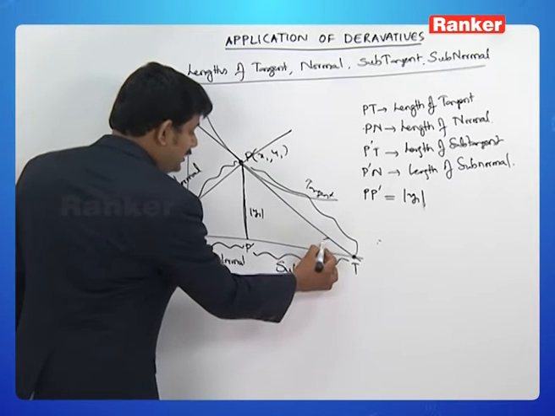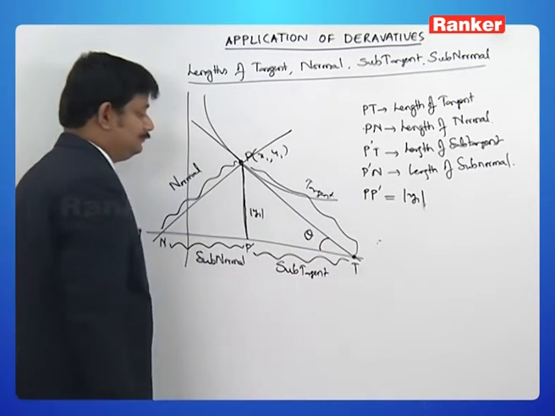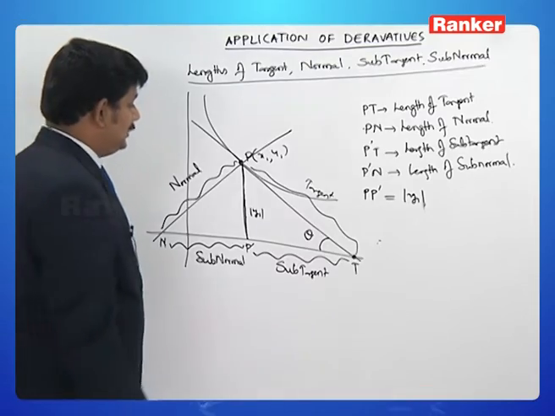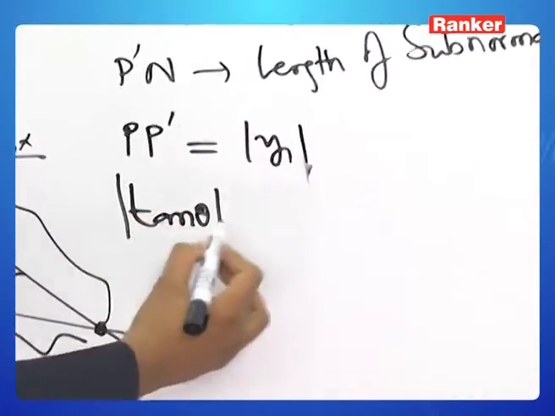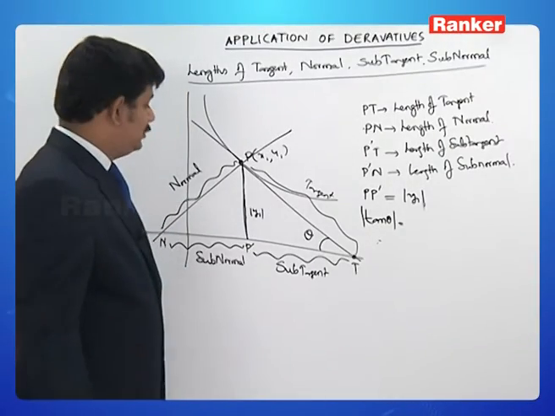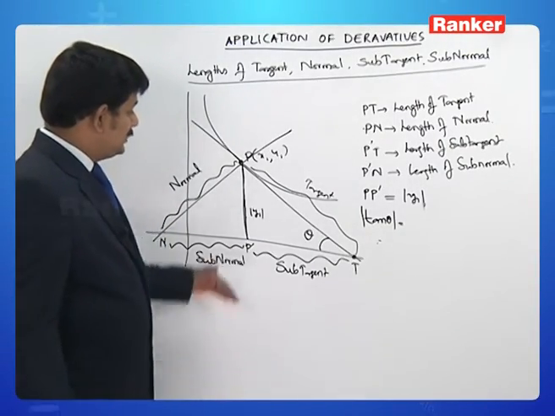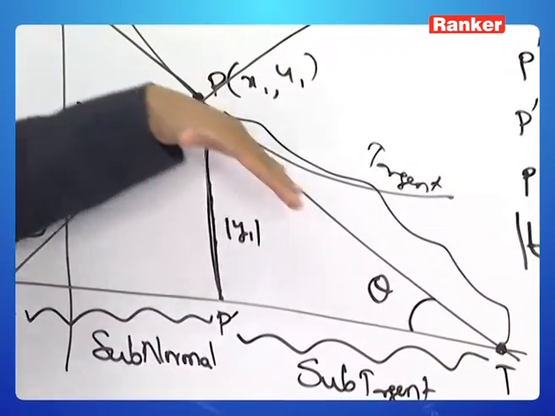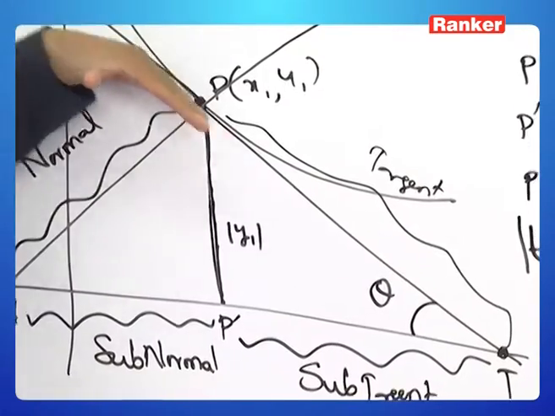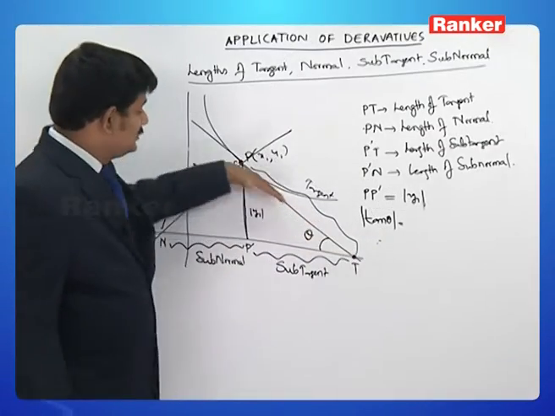Let us call this angle theta. Let's bother only about the absolute value of tan theta. Modulus of tan theta will be the same as modulus of the slope of this line, and this line is the tangent.